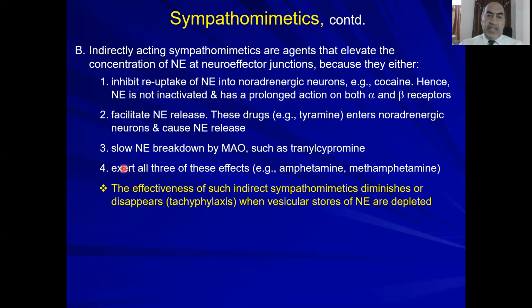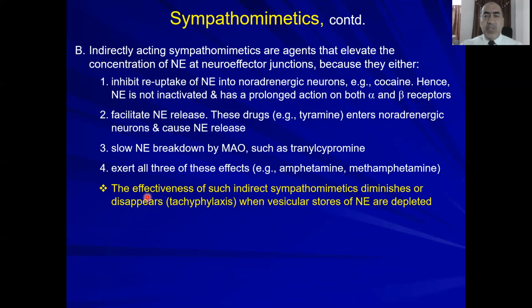The last thing is that a drug may exert all three effects: inhibit reuptake, facilitate norepinephrine release, and slow or inhibit MAO, such as amphetamine and methamphetamine. Because these drugs depend on the stores of norepinephrine stored in the presynaptic nerve ending vesicles, they are liable to cause tachyphylaxis.